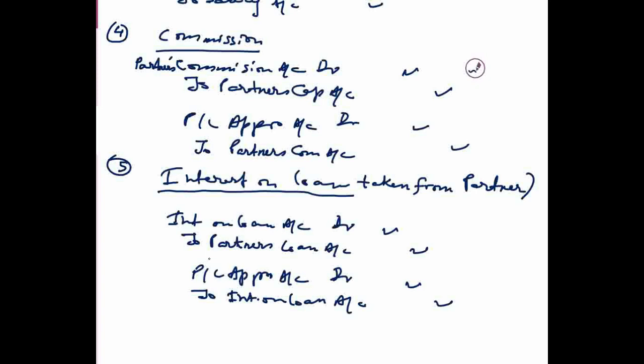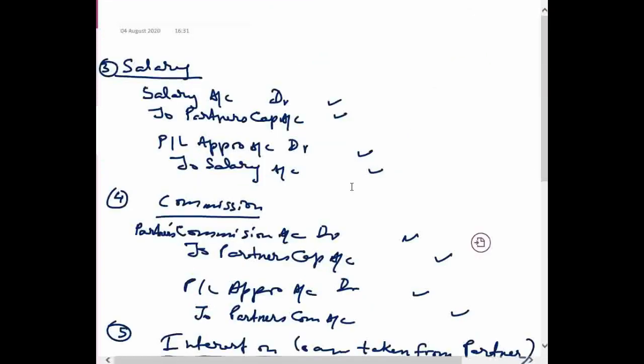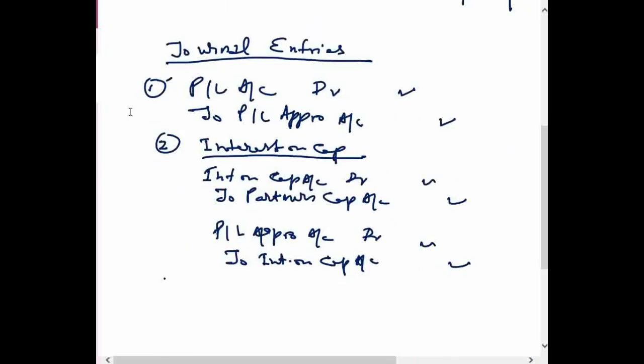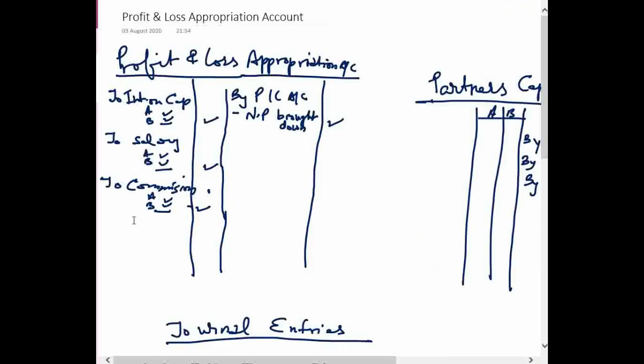Let me post this. Obviously nothing will be posted to the capital account as the first entry was routed through the loan account, but on transfer of interest on loan to PL appropriation we will be passing an entry over here. The posting will be here to interest on loan account. See again, here it is both the partners.